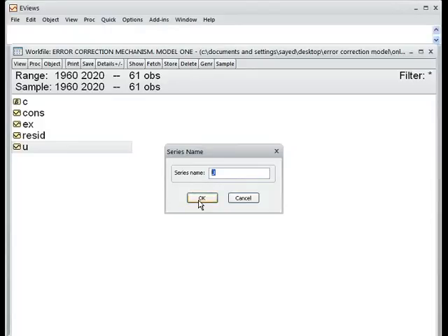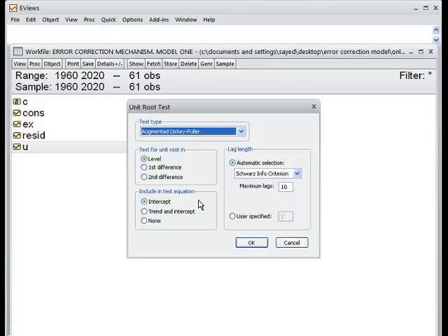So here I am doing unit root testing. Okay, so augmented Dickey-Fuller, right? Here are three options, which we already know: intercept, trend and intercept, and none. Suppose I choose the first option, intercept, and the residual at level. Then I press OK.